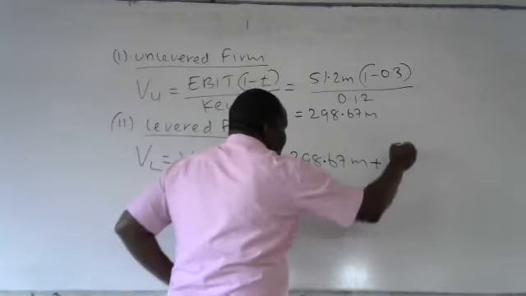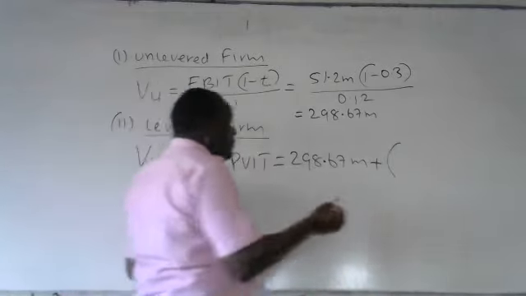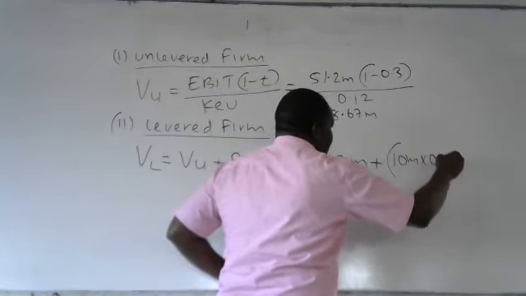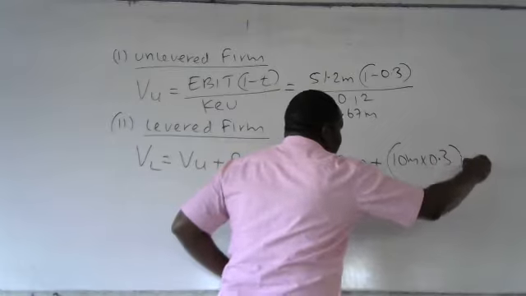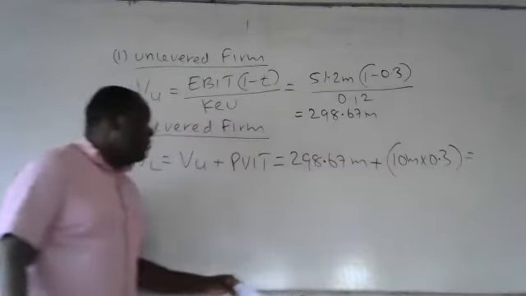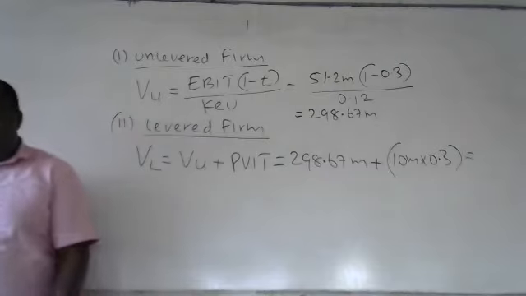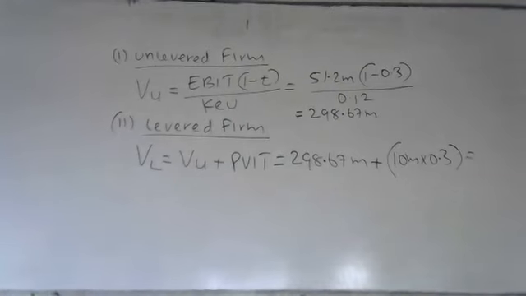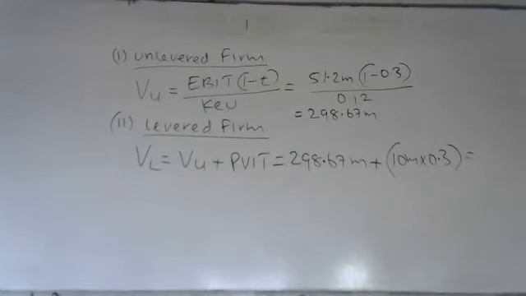Then we add the debt, which was 10 million, times the corporate tax of 30%, which is 0.3. That will give you the value when the farm is levered. So that is Roman letter 2.